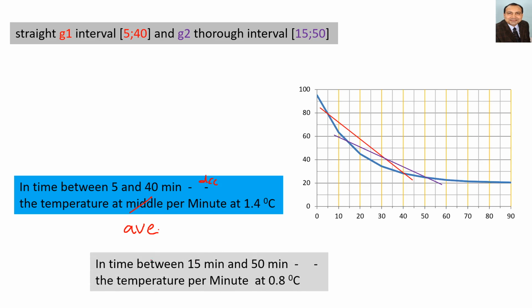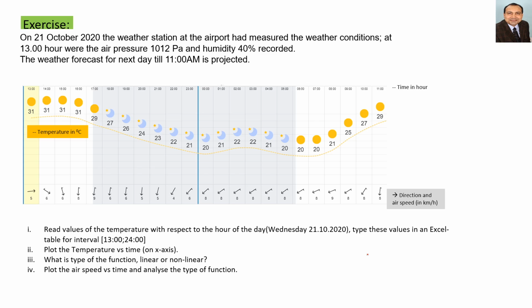On the interval between 15 and 50 minutes, the temperature decreases at an average rate per minute of 0.8. So you can see from here also, for this curve, you can take the 50-minute value from here and the other values, and you will reach the same values as calculated mathematically.